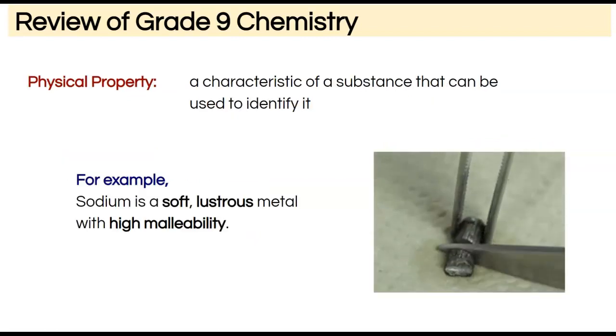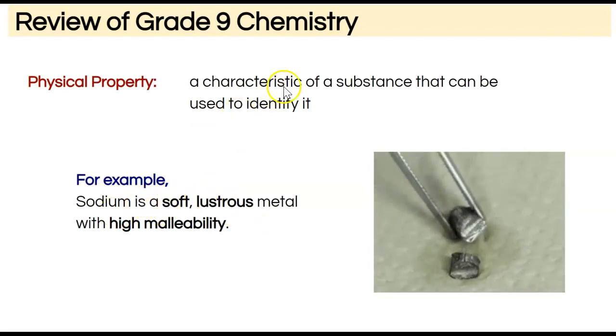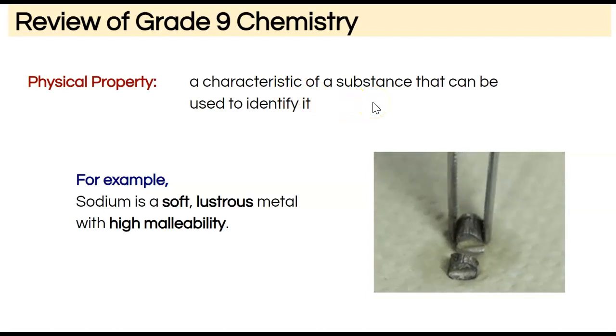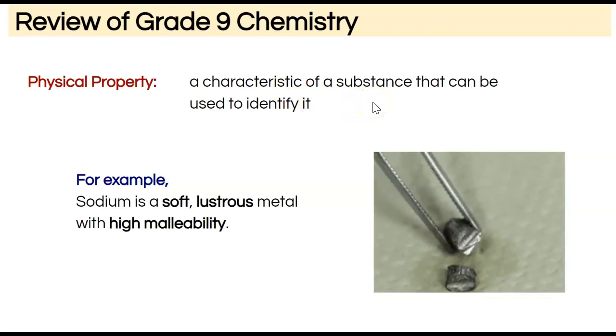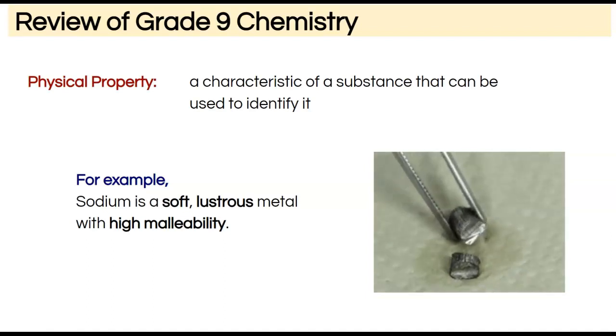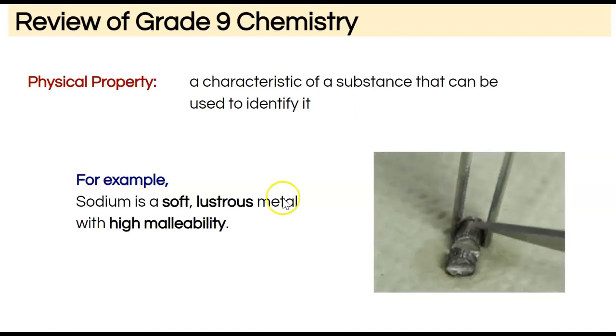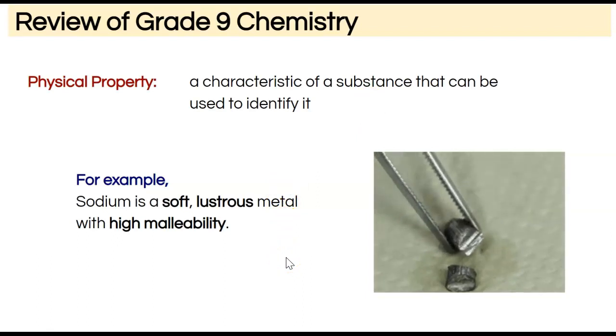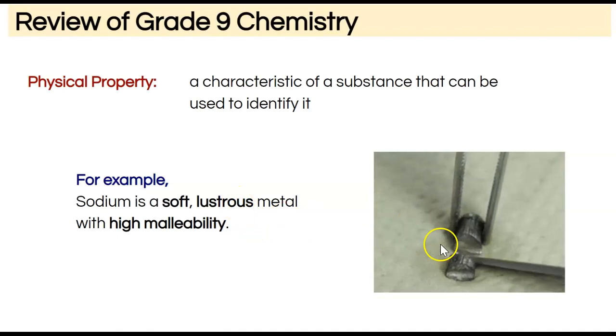So a physical property of sodium metal is that, basically, we're not looking at how it interacts with anything else or how it changes to be something else. We're just talking about its description as it is. Okay, so how could we describe sodium metal? Well, we could say it's soft. It's lustrous, right? I'm cutting through it.